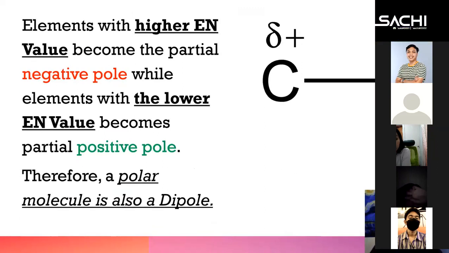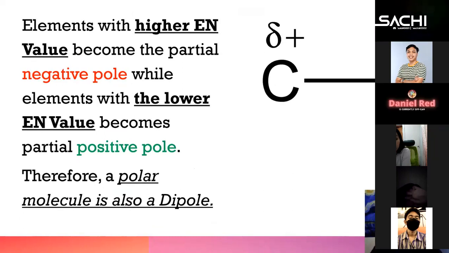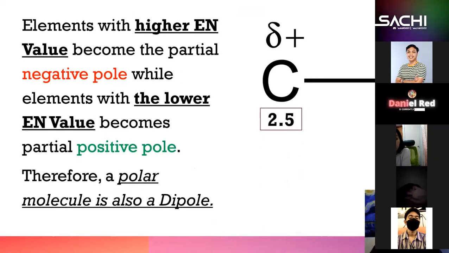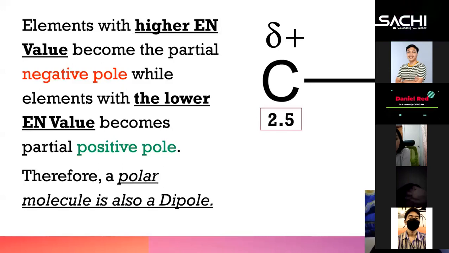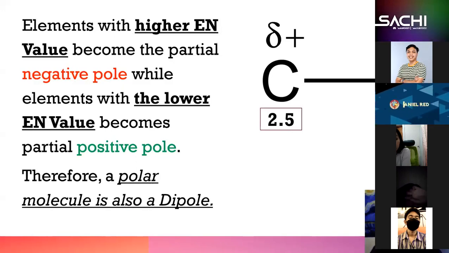In this manner, carbon is the positive pole and fluorine is the negative pole. Why? Because carbon has a 2.5 EN value and fluorine has a 4.0 EN value. As you observe, 4.0 is greater than 2.5. That's why fluorine is the negative pole and the carbon is the positive pole.